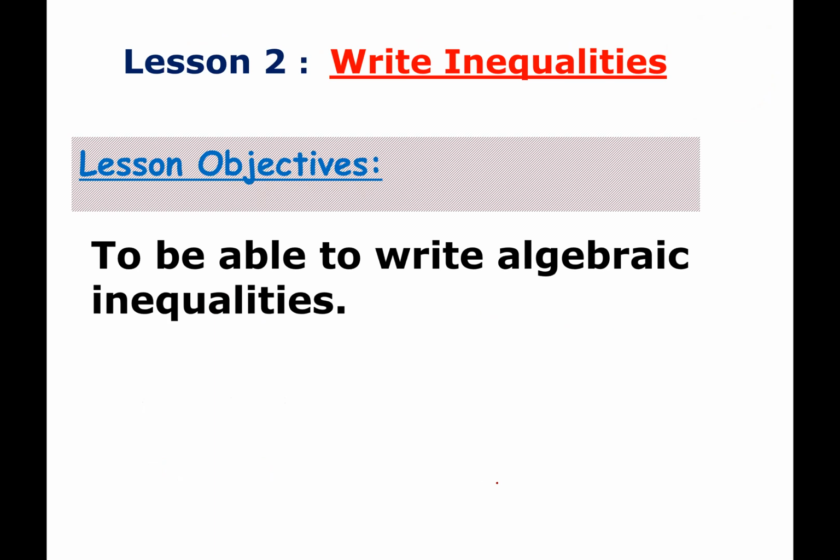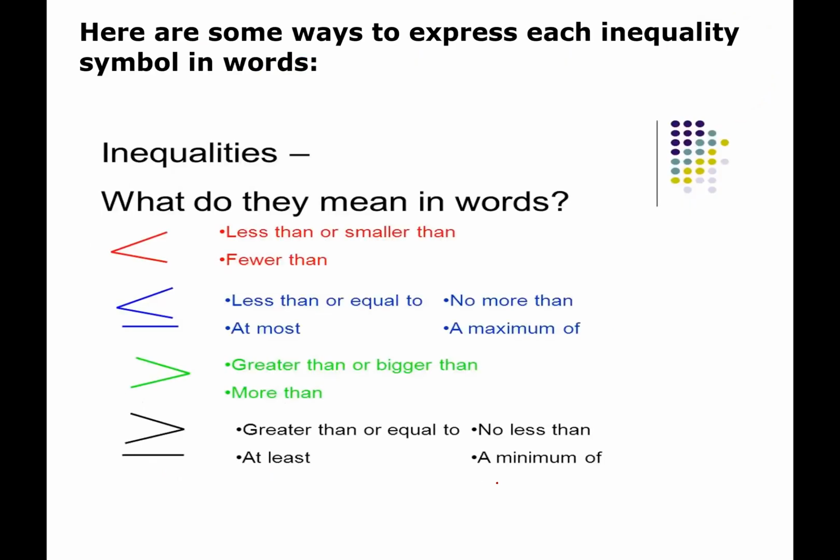Next, we're going to learn how to write inequalities and what techniques can help me understand how to write them. The first and most important part about writing inequalities is to understand the keywords. In a sentence, we always have a keyword that can be used to understand whether it is less than or equal to, greater than or equal to.